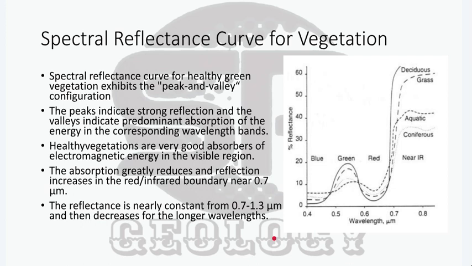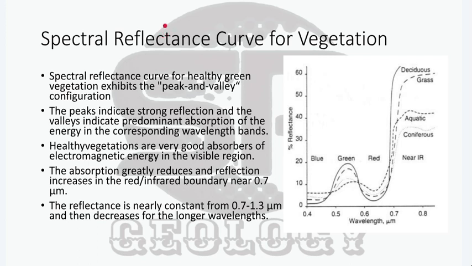Their reflectance we will study. So you all know that vegetations appear green. Why do vegetations appear green? Vegetations have chlorophyll, and chlorophyll reflects more of the green color and absorbs the red and blue from the RGB basic colors.